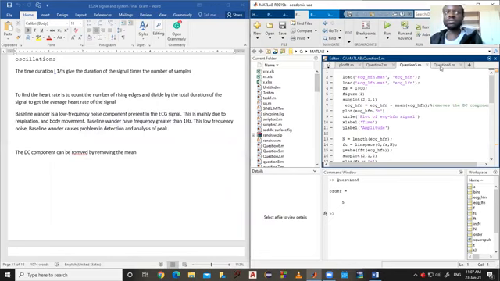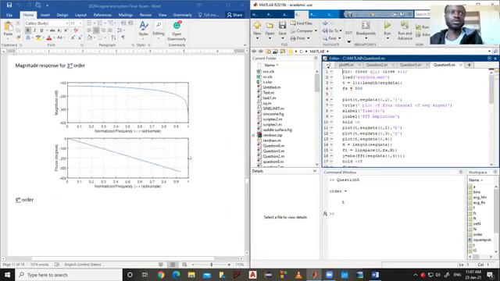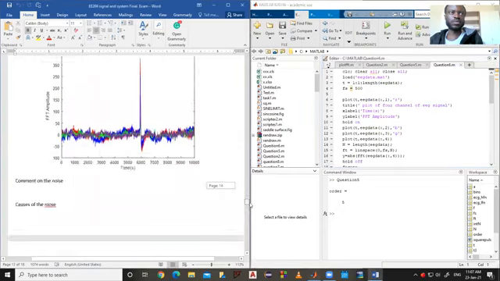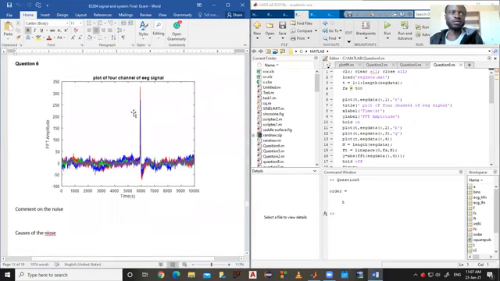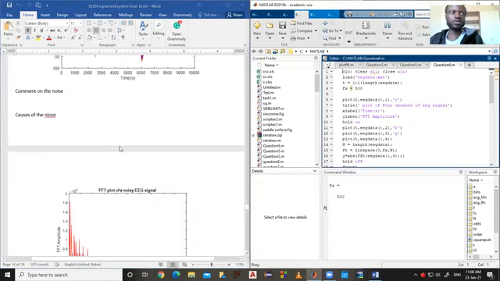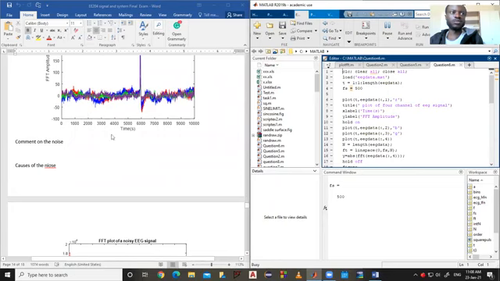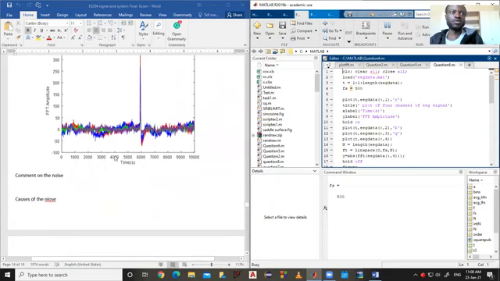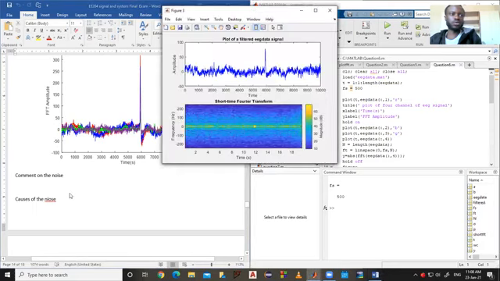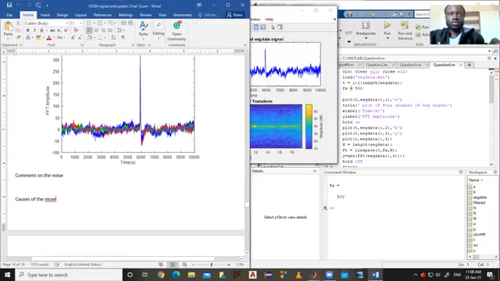And for question 6, we'll see that we have the different signals from 4 different channels plotted. If we were to run this, we would see that there's some background noise.